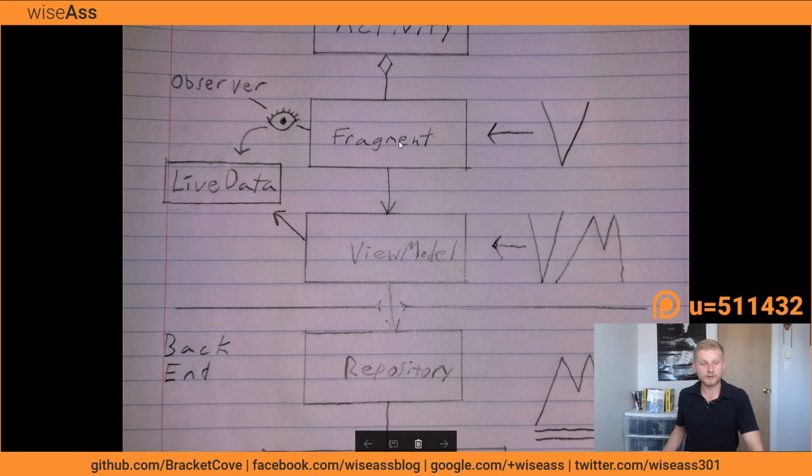So your fragment becomes an observer of the view model, but the view model cannot talk to the fragment, and that's really all Model View View Model is. Hopefully that answers your question.